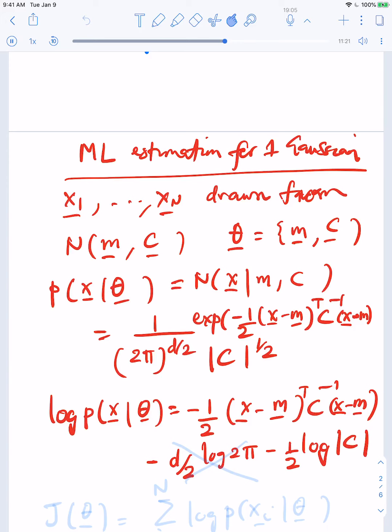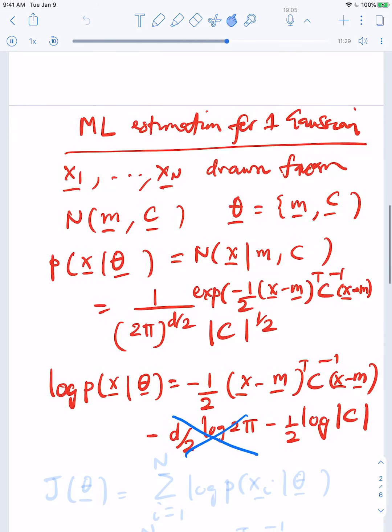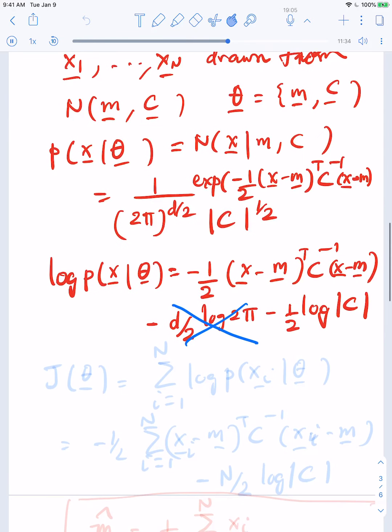And let me change pen color and say that, well, this part I'm not interested in because it does not depend on the parameters of interest. And so what I want to maximize is the part that depends on m and C.